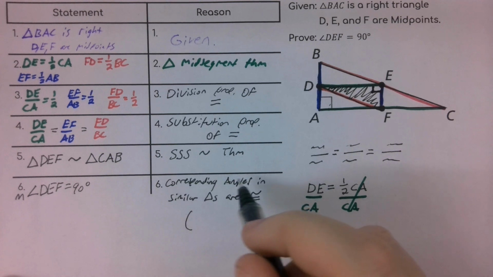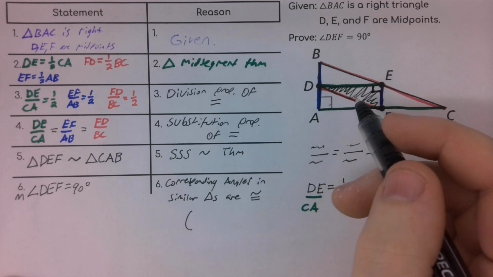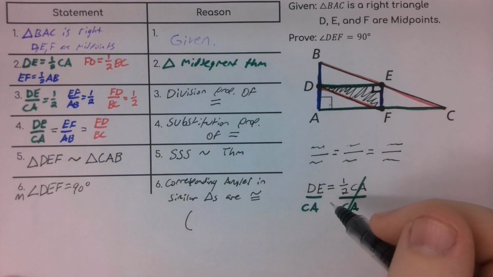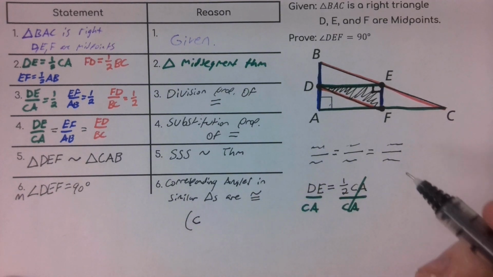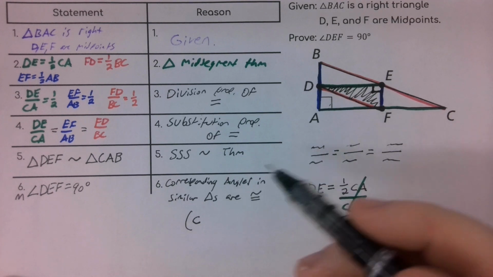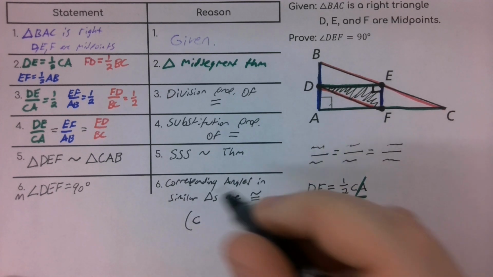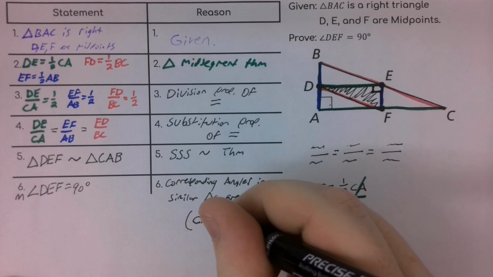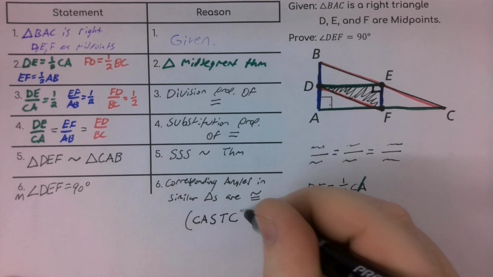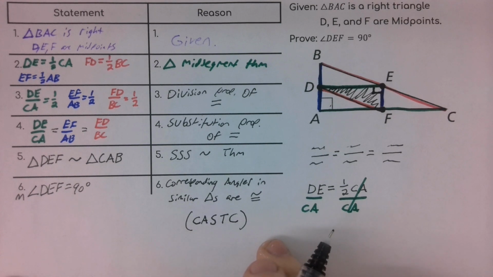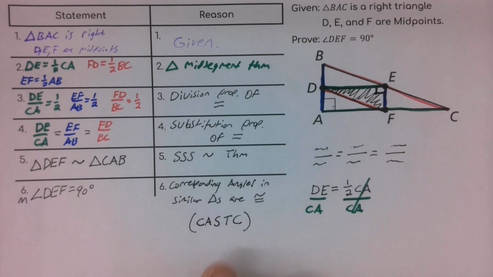You can just write that if there are similar triangles, the angles are congruent. But the abbreviation, instead of CPCTC, corresponding parts of congruent triangles are congruent, we'd have corresponding angles of similar triangles are congruent. There we go.